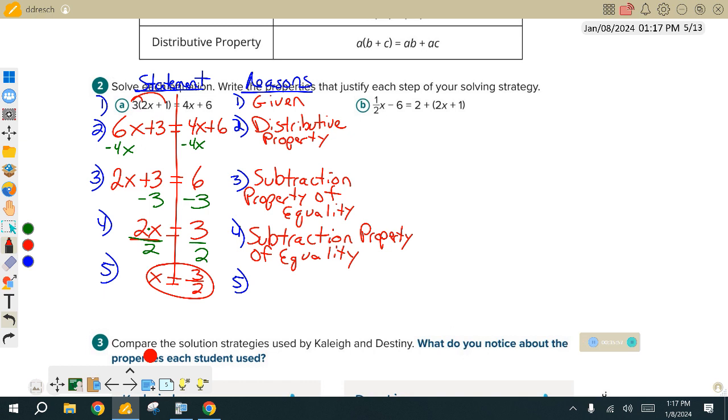And now, to go from 4 to 5, we went from 2x to just x. Our 2 went away. How did our 2 go away? Now say it, Andrew. Now division. We had to do 2 subtraction properties to get to the division.